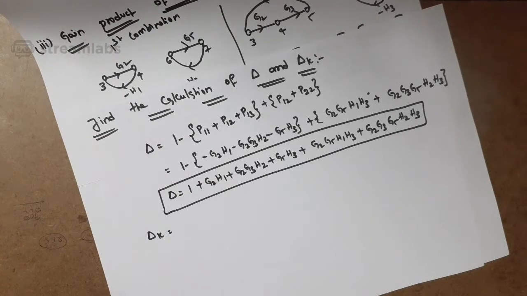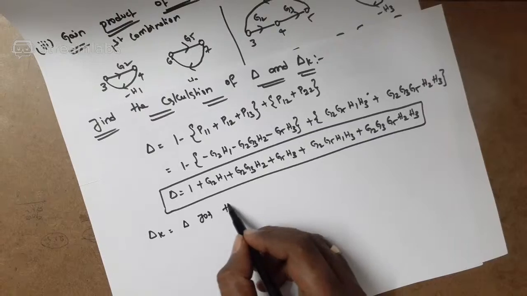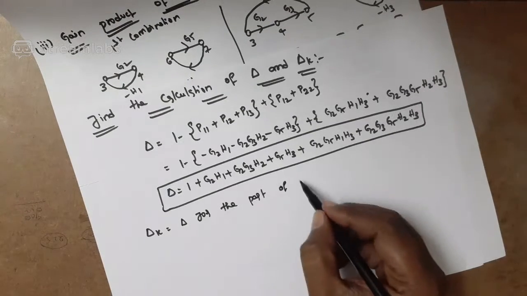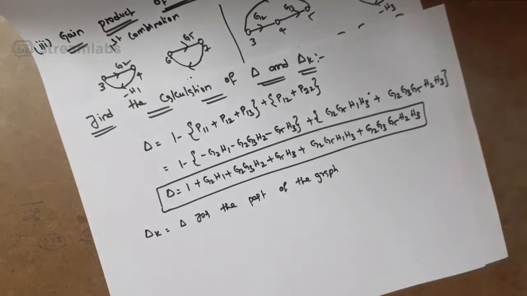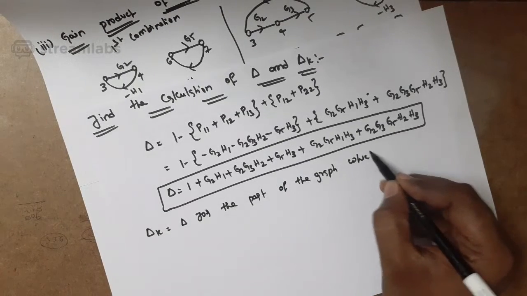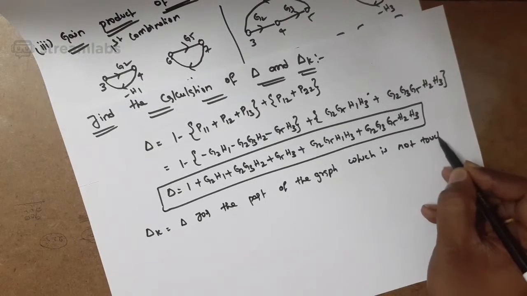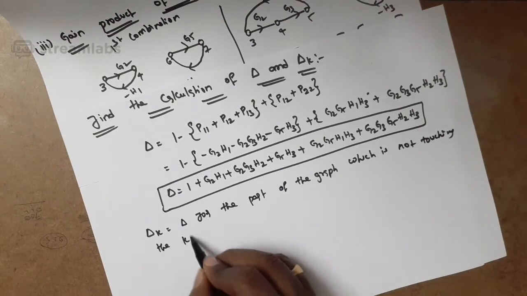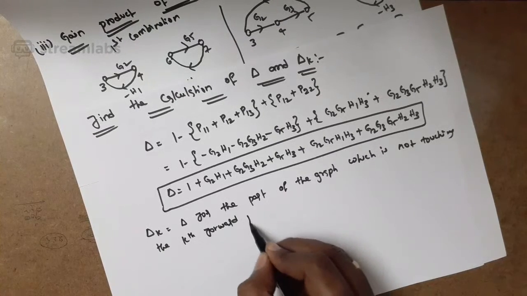Delta k is the delta for the part of the graph which is not touching the kth forward path.